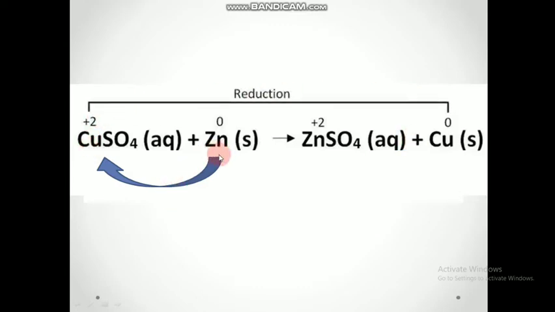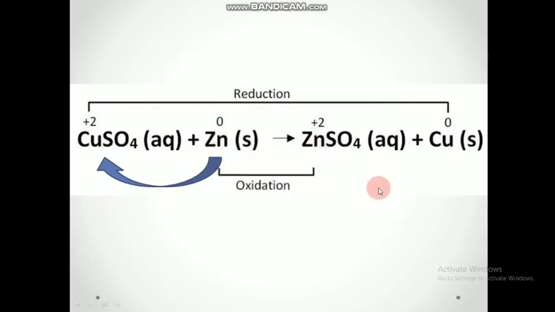Accepting a negative character, or electrons, the nature of copper is getting reduced to 0. But in the case of zinc, zinc gave out its bad habits. Zinc gave out its negatives and stayed positive. That is called oxidation.